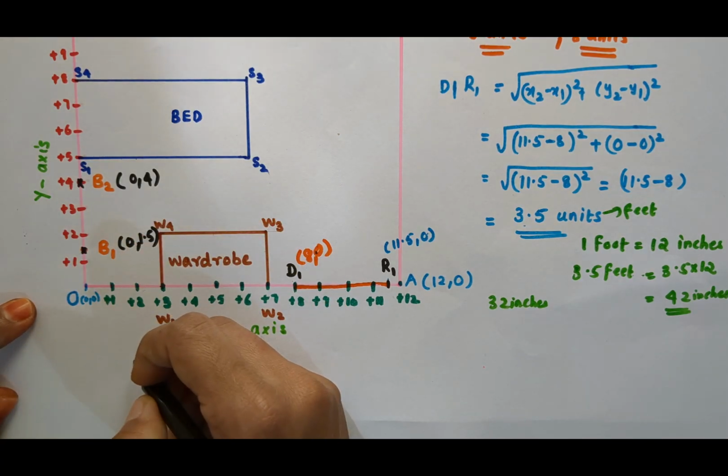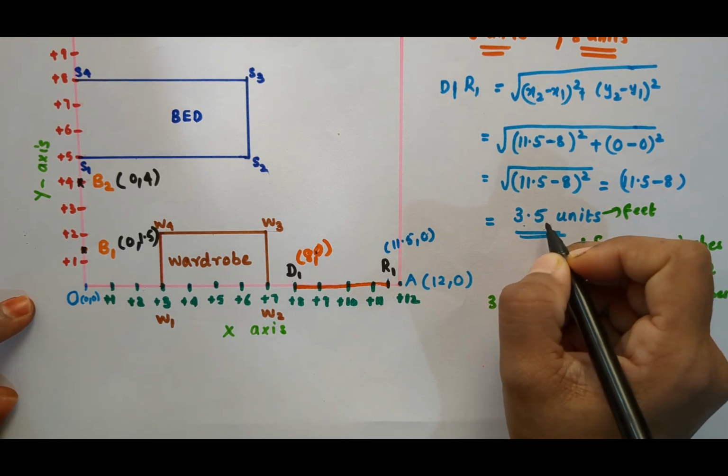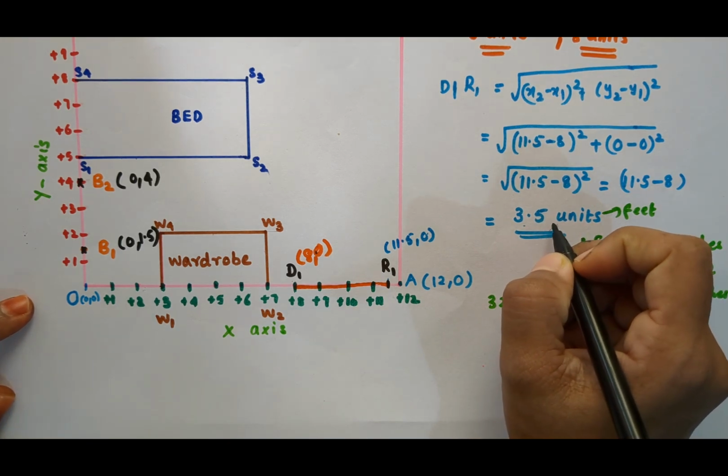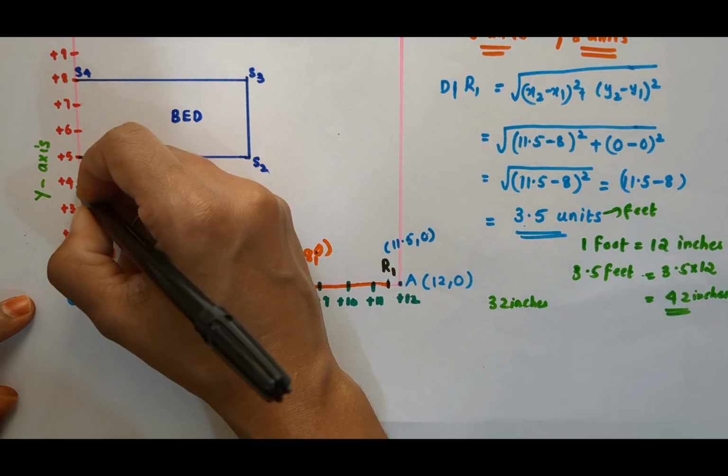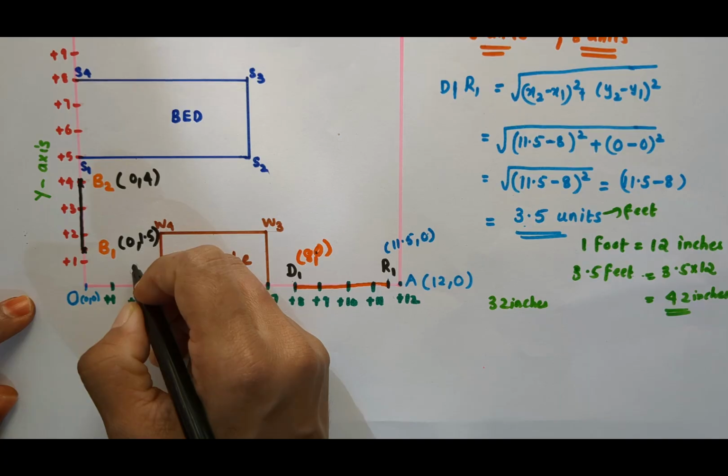That is the question. For the room door, its width is 3.5 units. Now we want to find out the width of this bathroom door, that is, the distance B1 B2.